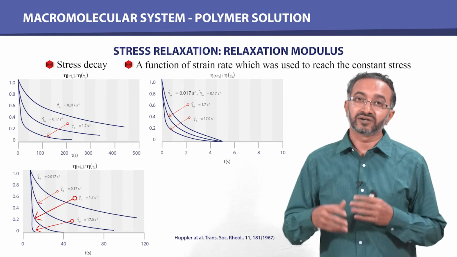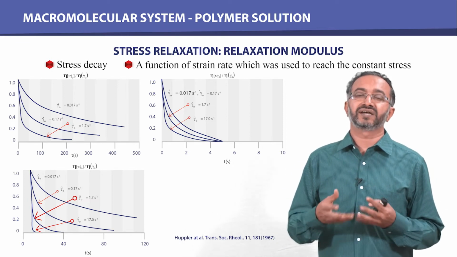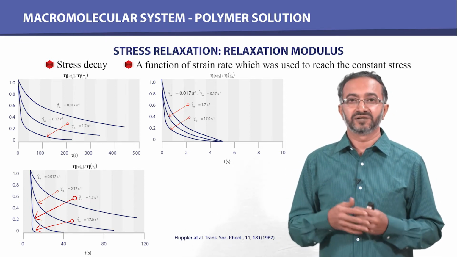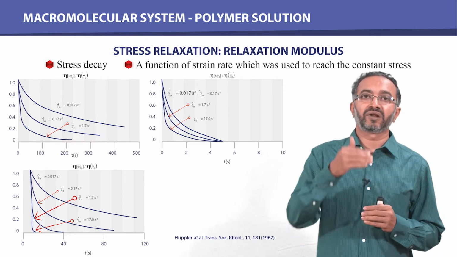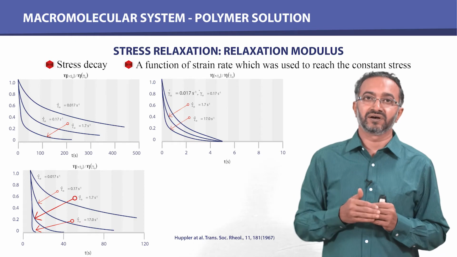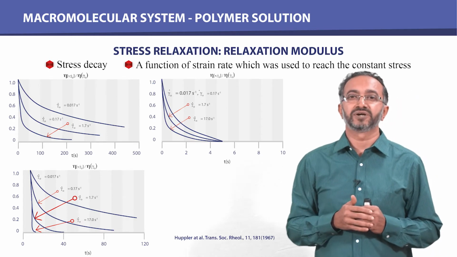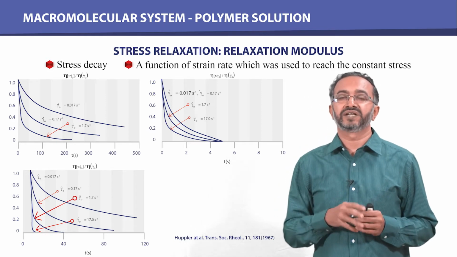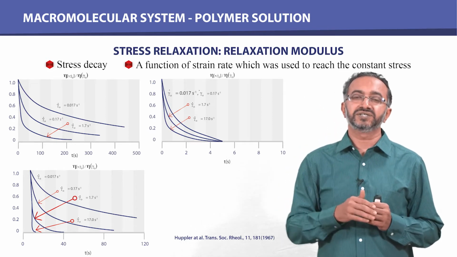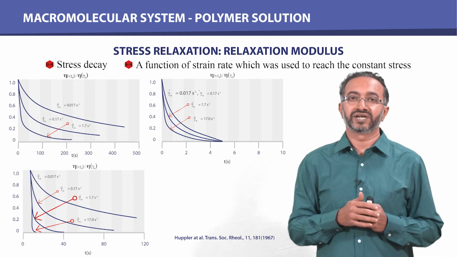And again this is understood from the point of view of the elastic contributions in the material, given that at very high strain rates the overall elastic contributions respond, and so the way the material relaxes is different compared to when the strain is reached at a very slow strain rate.